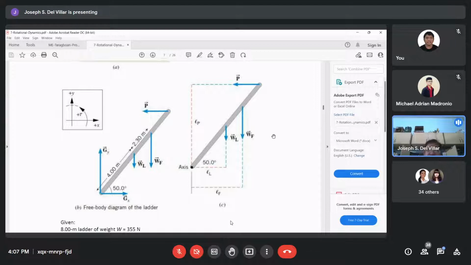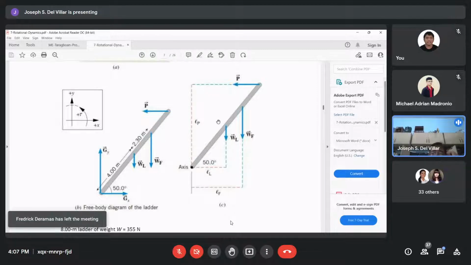Okay? So having obtained all the lever arms, we can now make the summation of torque equation by bearing in mind that counterclockwise torques are positive and clockwise torques are negative. As you can see, ang force P ang counterclockwise. Diba? So we can start with force P kasi siya yung positive.